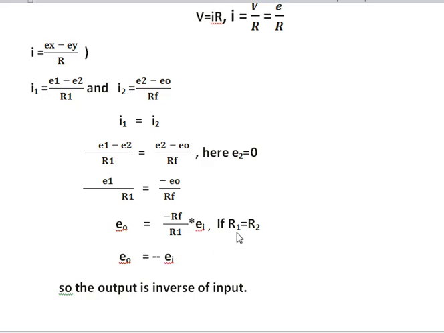If we consider R1 equal to the feedback resistor, both are equal, so the ratio becomes unity. So the output voltage is equal to the negative of the input voltage. So it reverses the input. So it gives a 180 degree phase reversal. So it is called an inverting amplifier. It inverts the input voltage in the output.